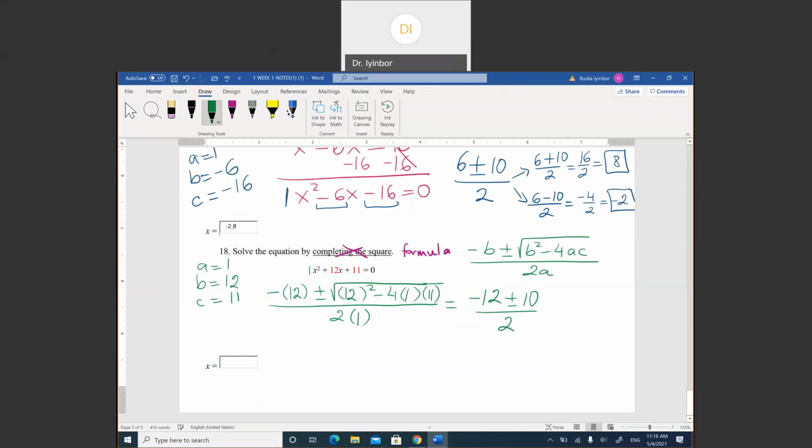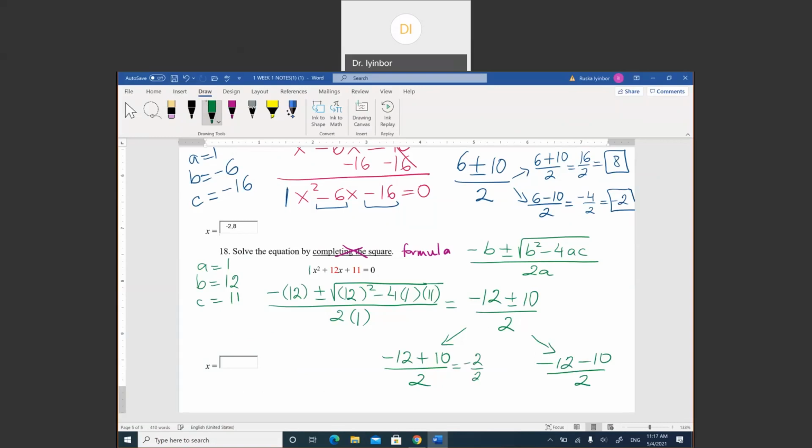And then you're going to split it from here. You're going to do plus, you're going to do minus. So negative 12 plus 10 over 2. And negative 12 minus 10 over 2. So here you have negative 2 over 2.